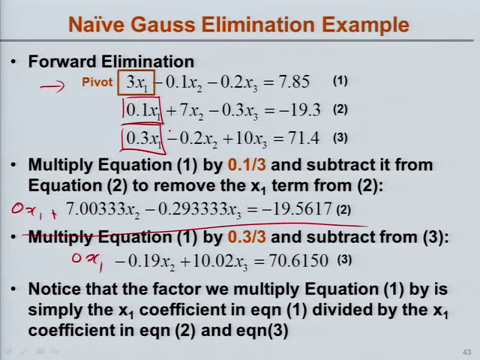We've got rid of the x1. So we've done some of the work. Now, notice in this process that when we're multiplying these equations by numbers and subtracting them, we're also changing the right-hand side value. When we do this in an augmented matrix, that's, in a sense, automatically done for us. That's the beauty of doing the augmented matrix.